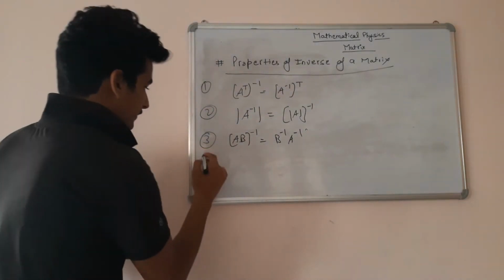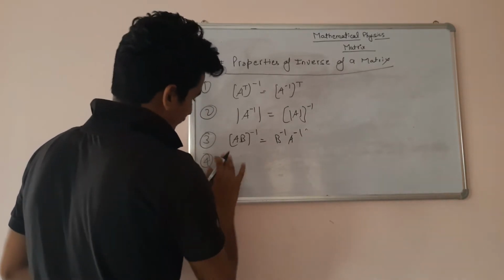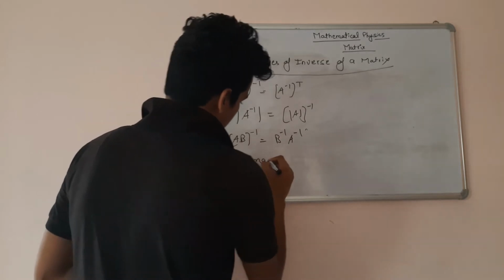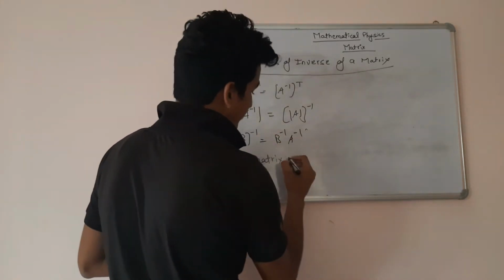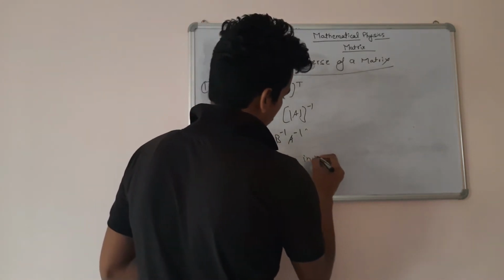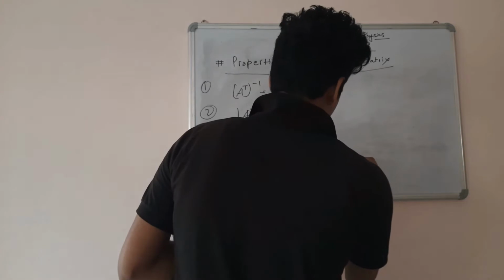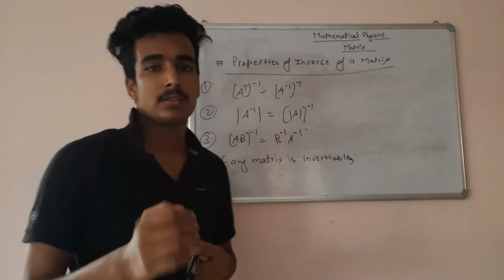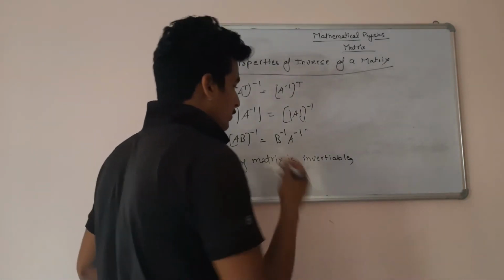Then the fourth property is that if any matrix is invertible, you just recall that any matrix is invertible if its determinant is non-zero, or it is a non-singular matrix.